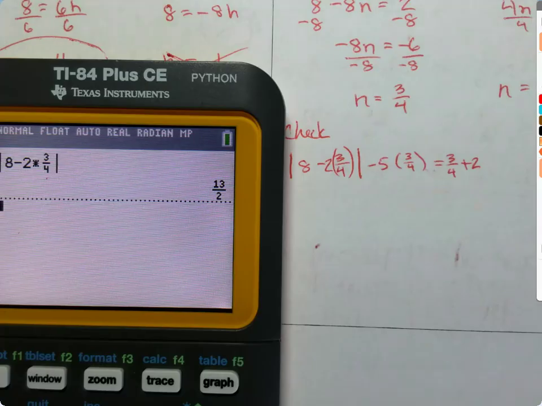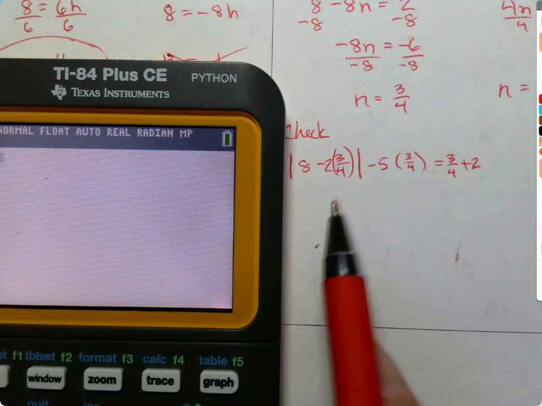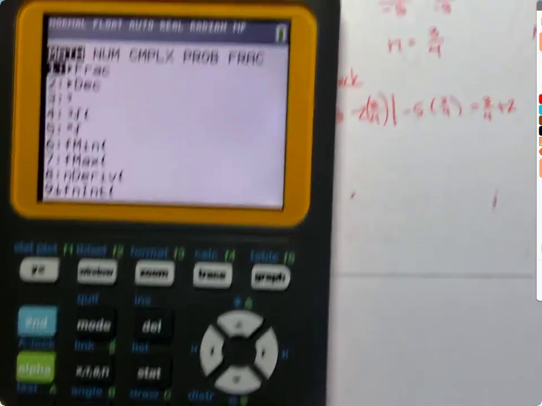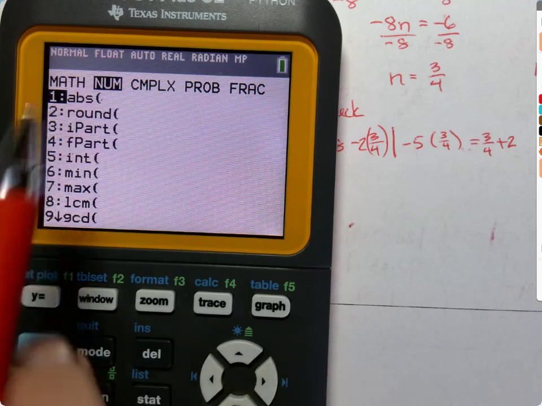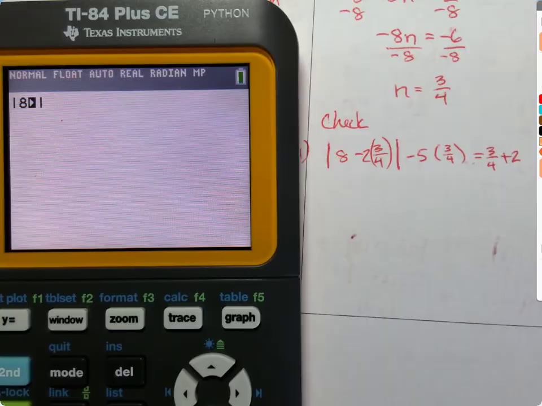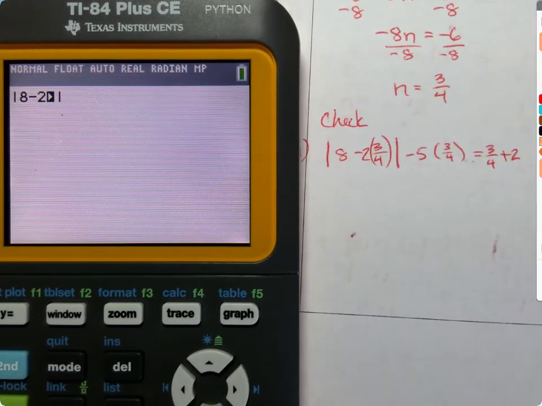It's okay. So if I wanted to put this in the calculator, I'm going to go to my math key, hit math, go over to number, and there's my absolute value sign. And I'm going to do 8 minus 2, and then I could use parentheses, or I could use the times symbol, and then I'm going to do my fraction button to do 3 over 4.